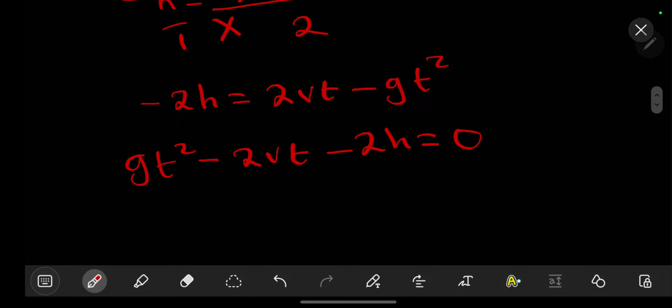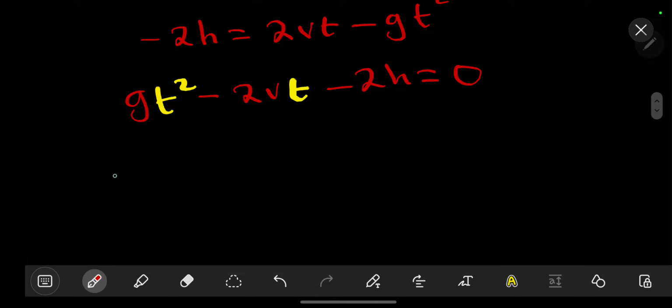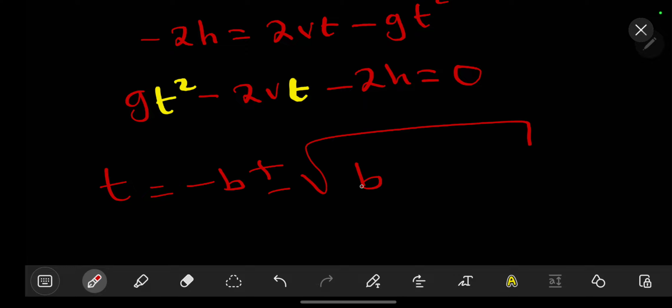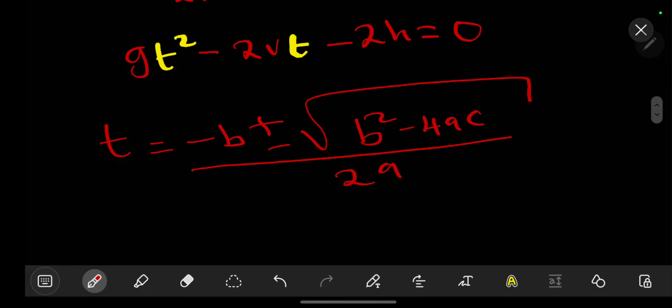If you look at this, this is a quadratic: it has a t squared, it has a t, and a term that doesn't have t. So we can use the quadratic equation to find t. t should be equal to negative b plus or minus the square root of b squared minus 4ac, over 2a. In our quadratic equation, this is our a, this is our b, this is our c.